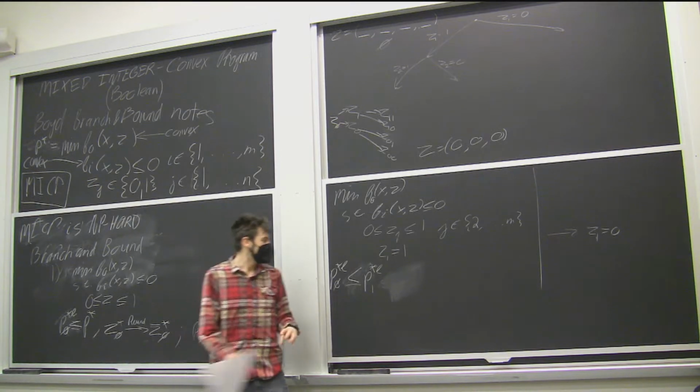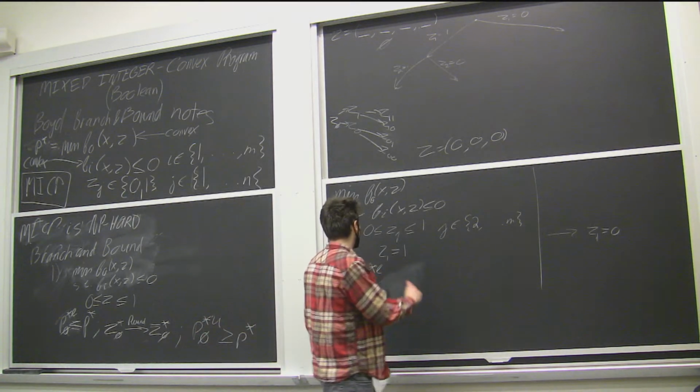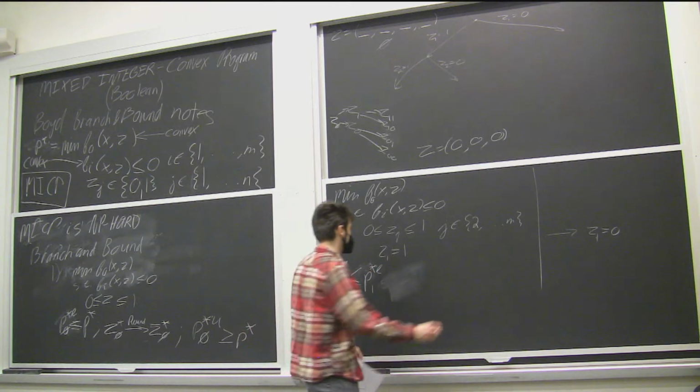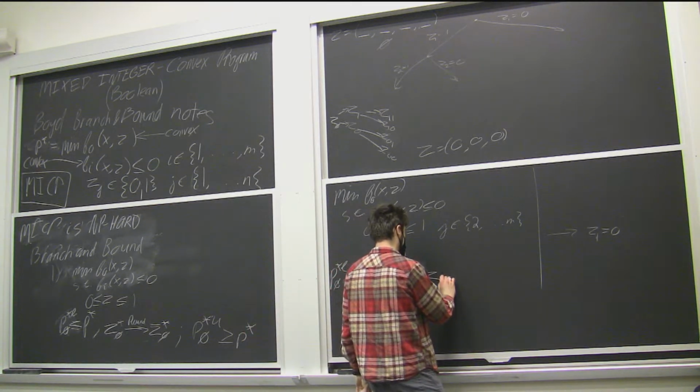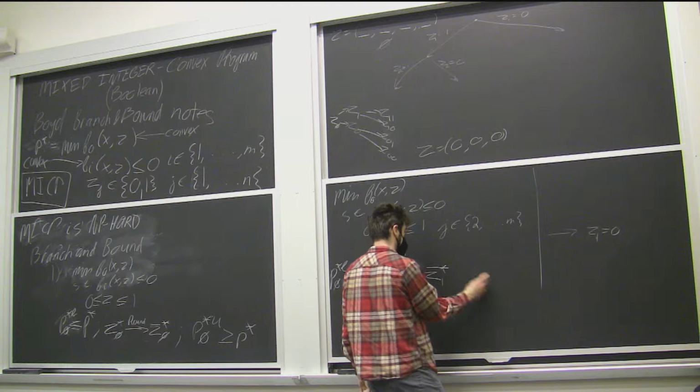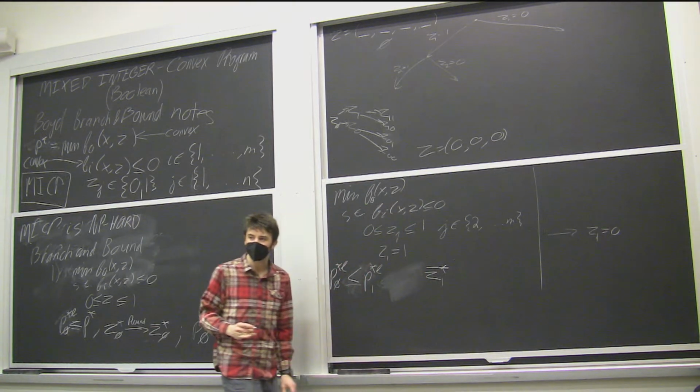But once I fix this, I can generate a Z1 bar star, which is the rounded solution, right?